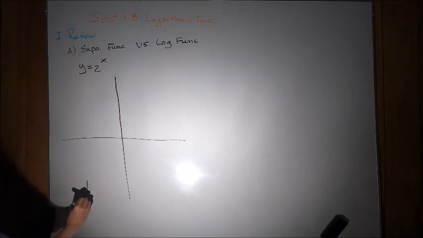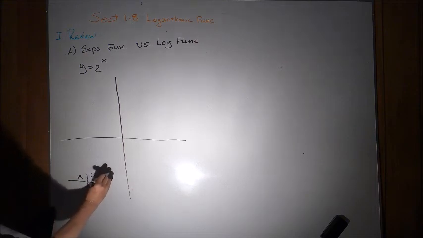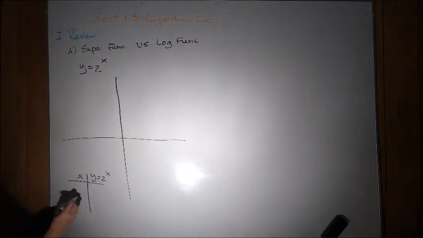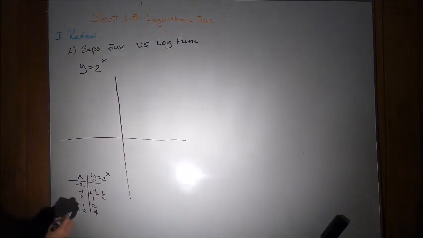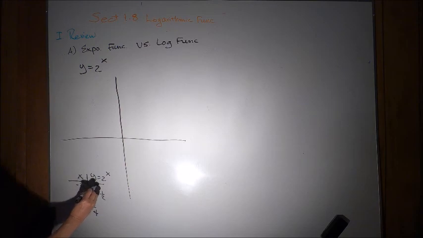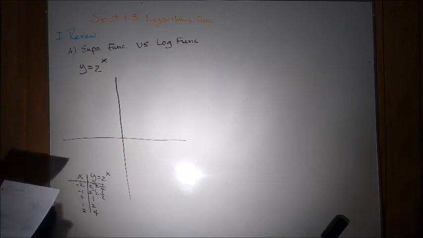You use a t-table, y equals 2 to the x. You put in 0, 1, 2, negative 1, negative 2. 2 to the 0 power is 1, then 2. 2 to the negative 1 power is what? Reciprocal. 2 to the negative 2 power is reciprocal, 1 over 2 squared, so it's 1/4.